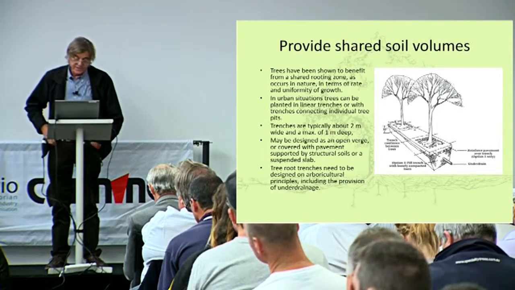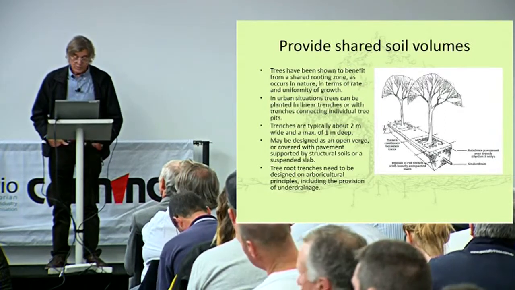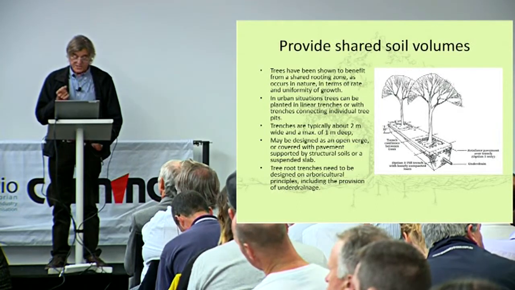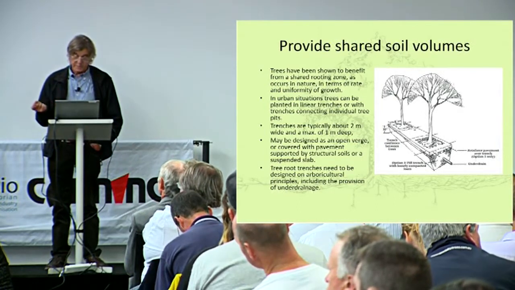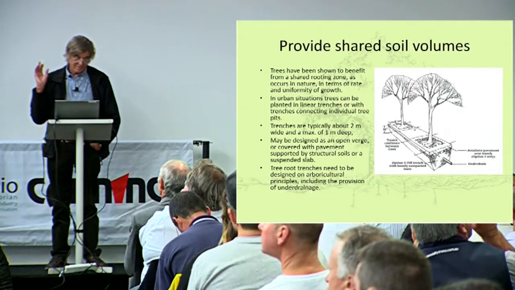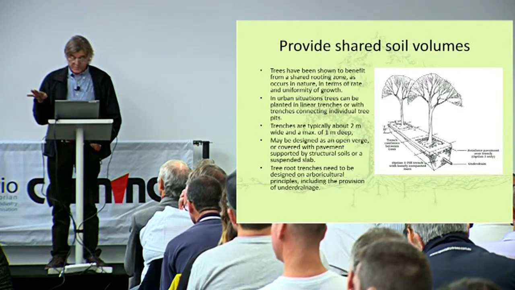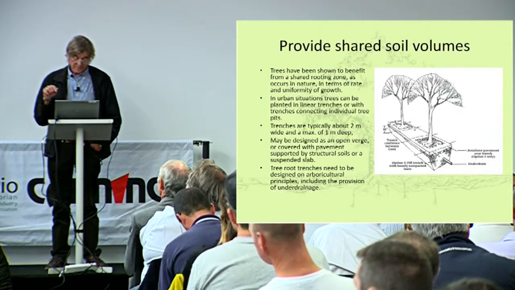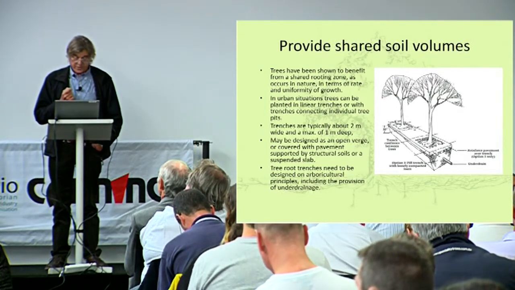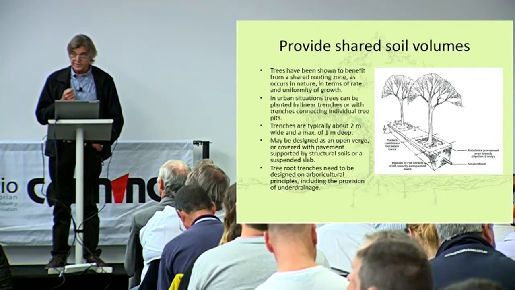So in urban situations, which is happening more and more often, trees can be planted in linear trenches or with trenches connecting the individual tree pits. These trenches are usually about 2 metres wide and a maximum of 1 metre deep. They can either have an open top, or they can be covered by some sort of suspended pavement. And these trenches need to be designed on arboricultural principles, the same as for a tree pit, including the provision of under drainage.